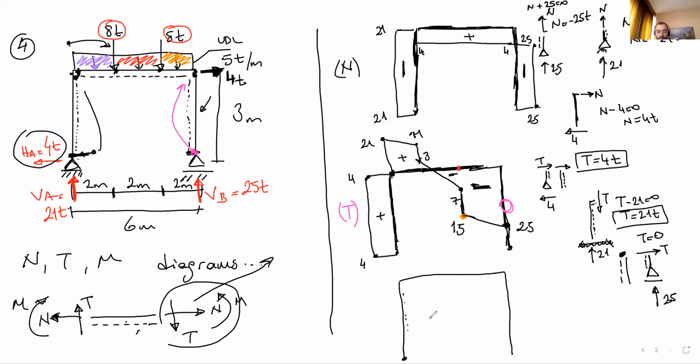Let's draw the diagram. Calculate this area. What is it? This is a rectangle, 4 times 3, the height of the column, which is 12. We are gonna add this 12 to this 0. So I'm gonna have a moment diagram value of 12 here. So how will I connect these 2 points to each other?